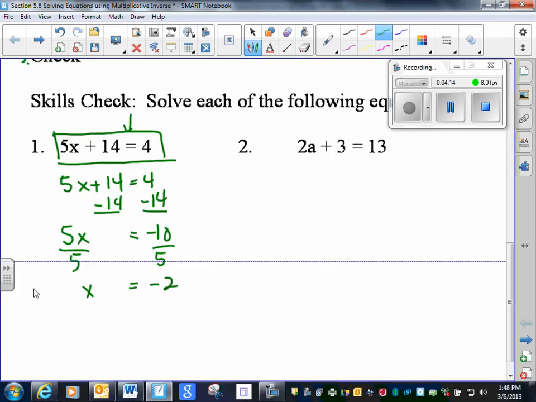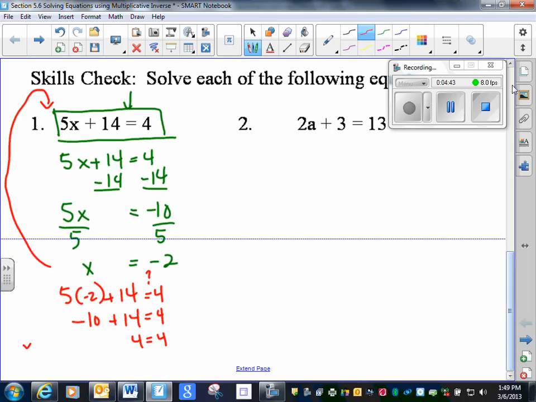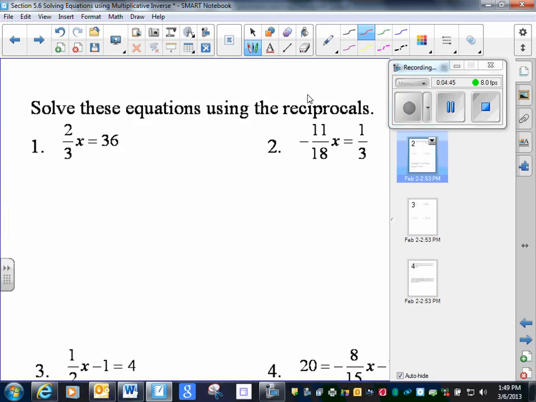And we checked it by going back to our original equation and plugging it in. 5 times negative 2 plus 14, does that really equal 4? We hope so. Negative 10 plus 14 equals 4, and yes, it does, and our check is complete. I will leave number 2 for you to do on your own. It's similar to number 1, and I think we're ready to move on to the current lesson.